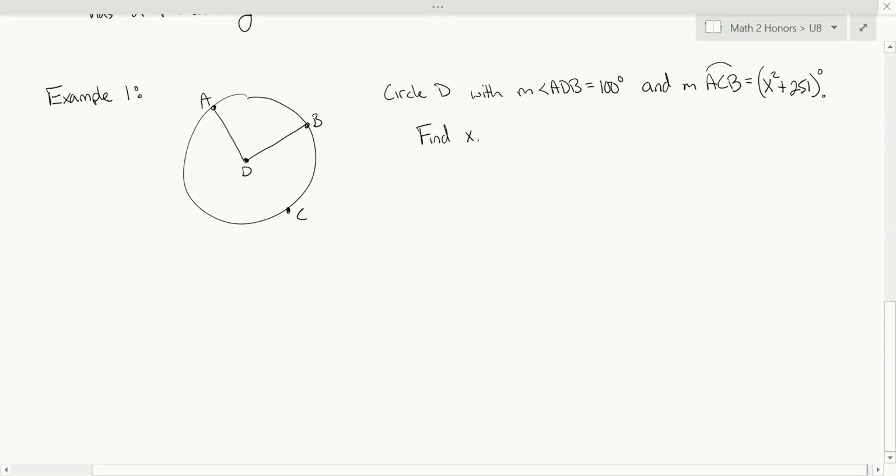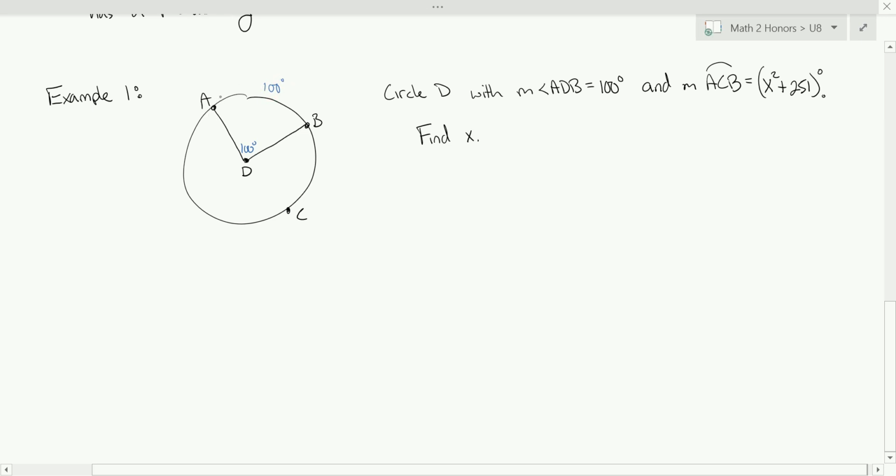So on this one, we're given that ADB is 100 degrees. And so, I'd sketch that in there. And by what I told you, well, that's the central angle. So that's also the measure of this arc. So I'd also put 100 degrees out here. So AB is 100 degrees. And then that's the minor arc.